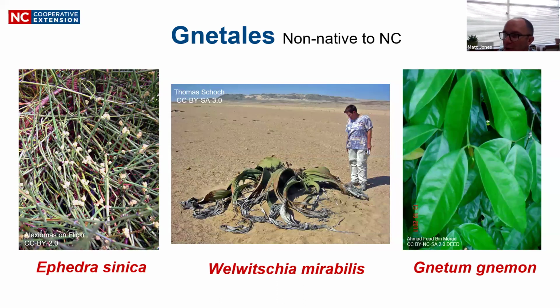It produces a huge taproot that can access water. Really weird looking, looks alien, but it still produces cone-like structures at the center. That's a cool one to look up if you want to learn more about that species. And it's monospecific too: only one species, one genus, and one family within the Gnetales.